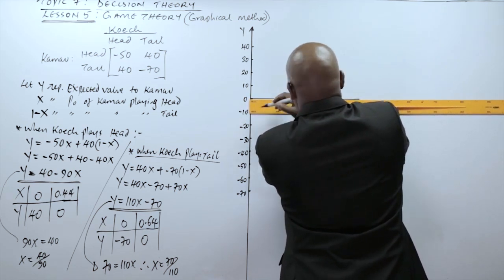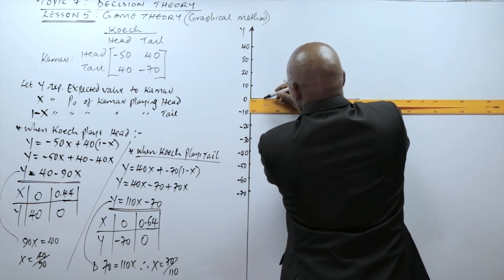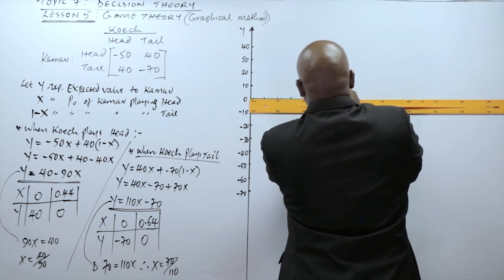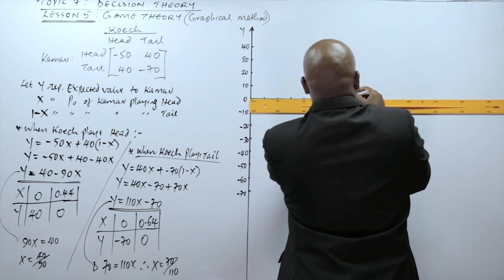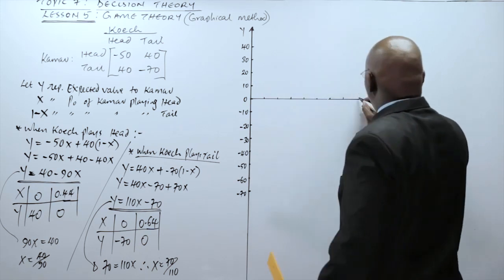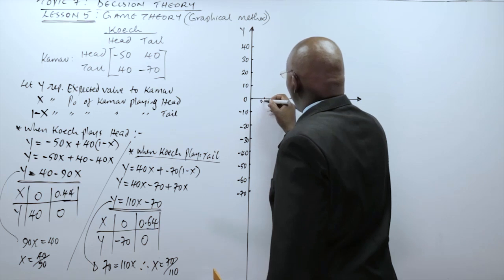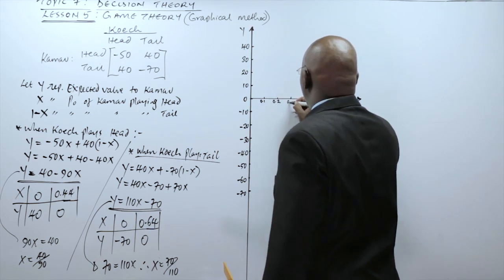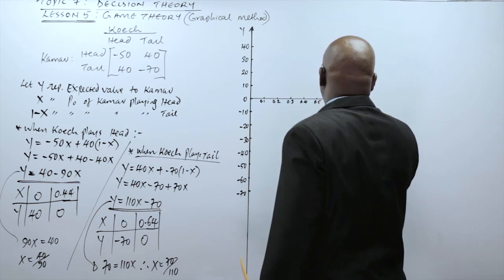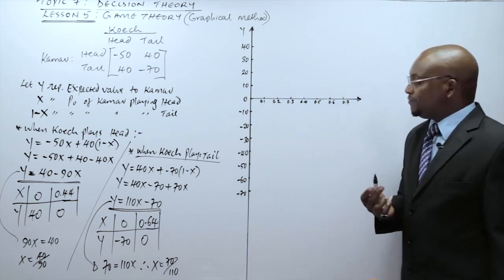So this is a scale for the x-axis: 1, 2, 3, 4, 5, 6. So this is my x-axis. If this is now my 0.1, 0.2, 0.3, 0.4, 0.5, 0.6, and 0.7. That is what we have.